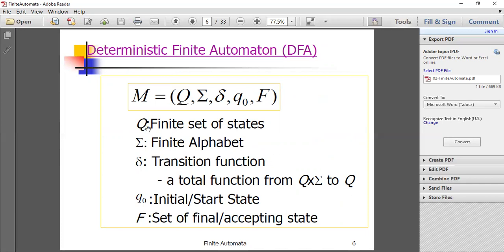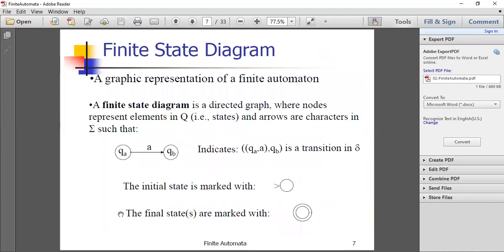So this is the mathematical model of finite automata, where Q is nothing but finite set of states, sigma is nothing but finite alphabet, and delta is nothing but the transition function, that is a total function from Q cross sigma to Q. q0 is nothing but the initial state, F is nothing but the final state, so it is also called qf.